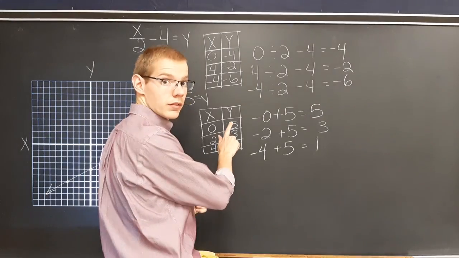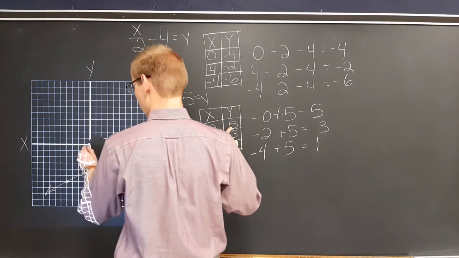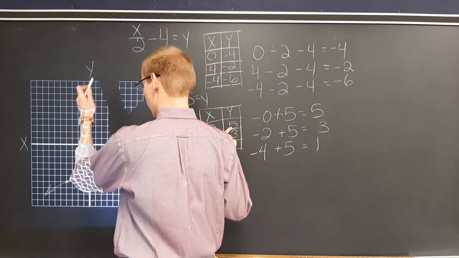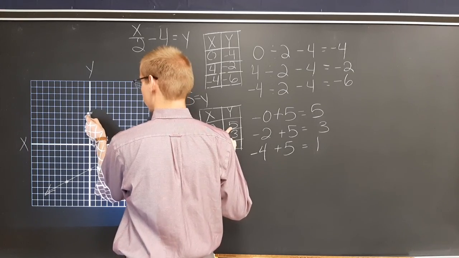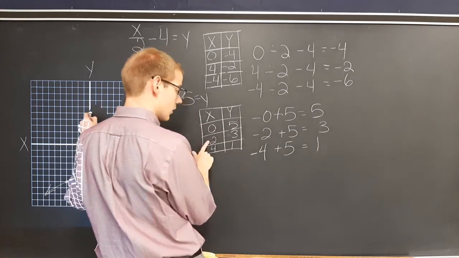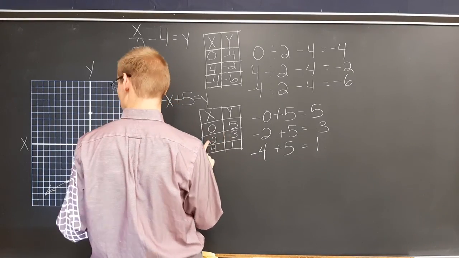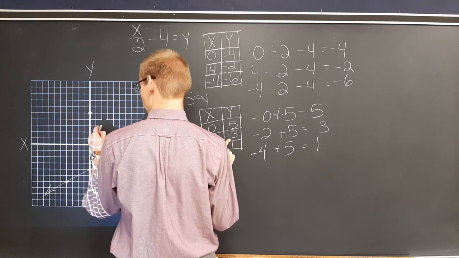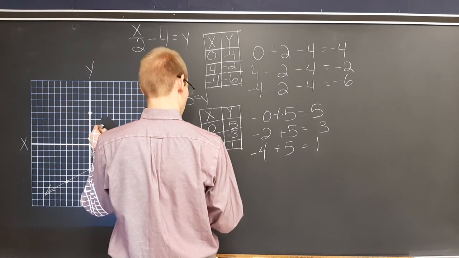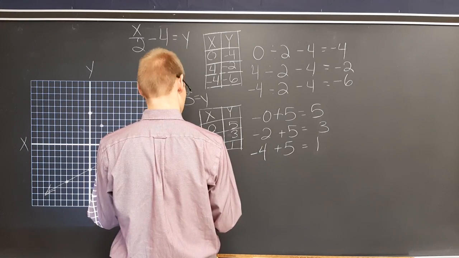0 and 5. 0, and then on the y-axis, 5, 1, 2, 3, 4, 5. 2 and 3, 2 on the x, which is here, and then 3 up, 1, 2, 3. Then 4 on the x.